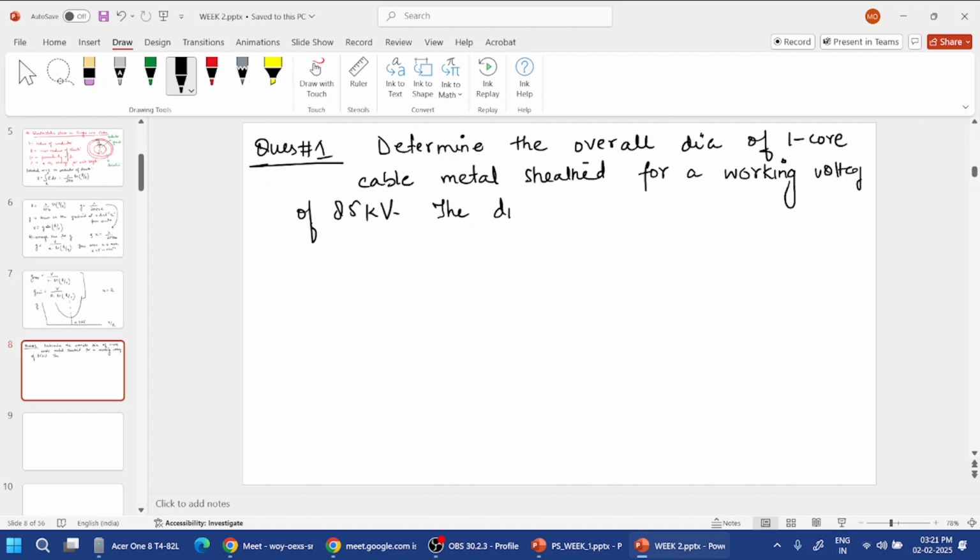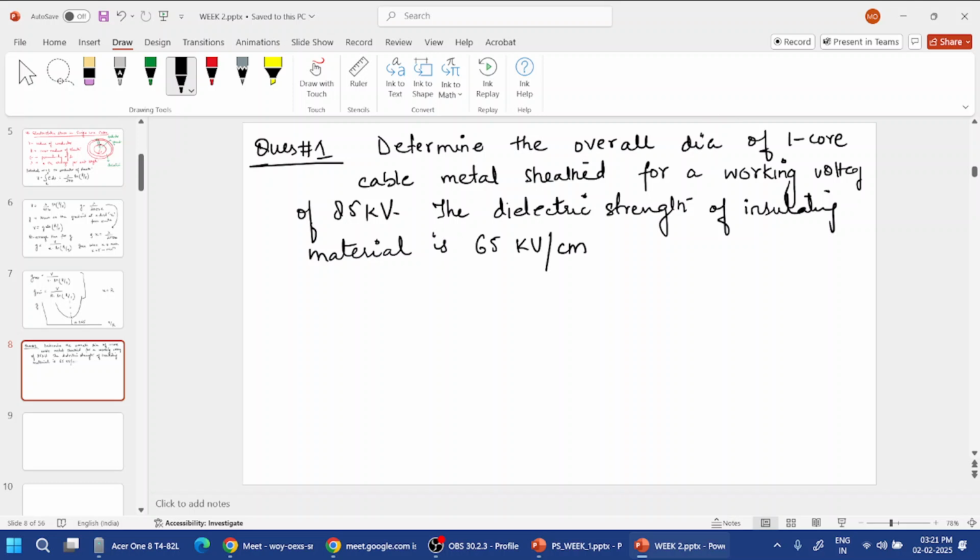The dielectric strength of the insulating material is 65 kilovolt per centimeter. So we have to calculate the overall diameter.